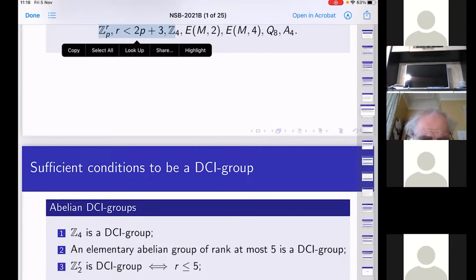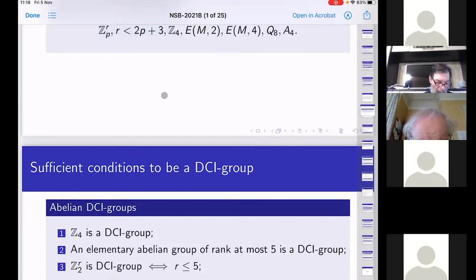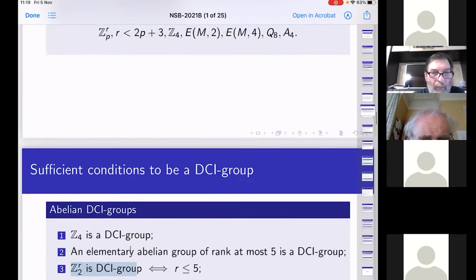But on the other hand, we know that the bound is 2p plus 3, so it's quite far from 5. Now, for elementary abelian groups of characteristic 2, we have a complete answer. An elementary abelian group of exponent 2 is DCI if and only if its rank is less than or equal to 5.